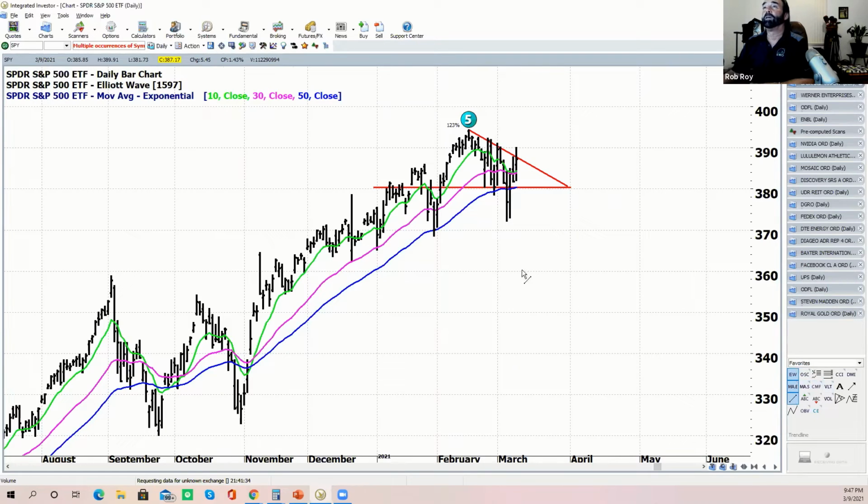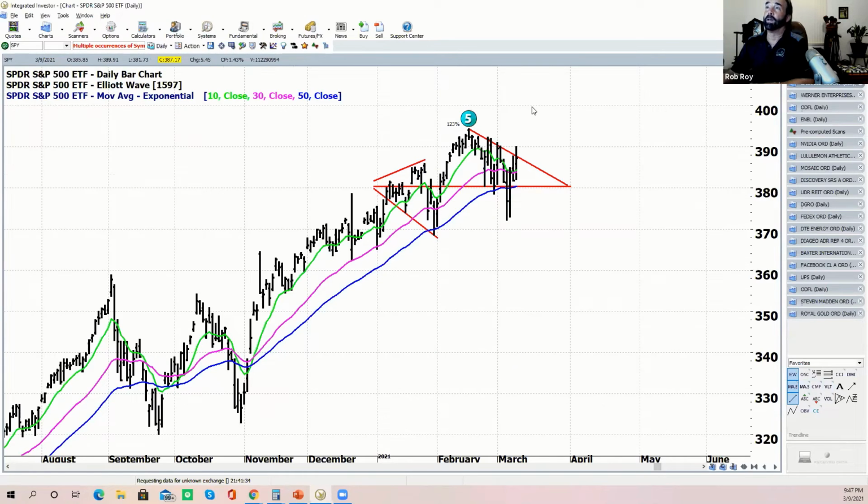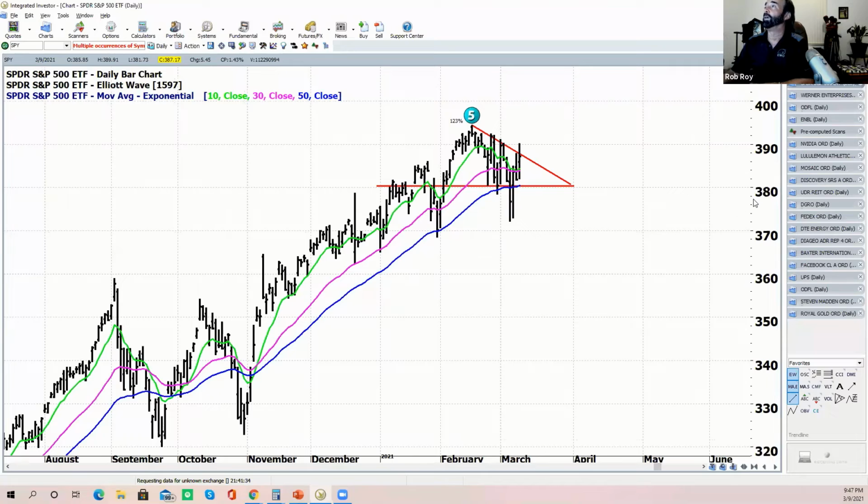You could have made a case that that was an expanding triangle here, which made the upside breakout. But I still prefer the pattern of a descending triangle with where we are in the SPY right now.